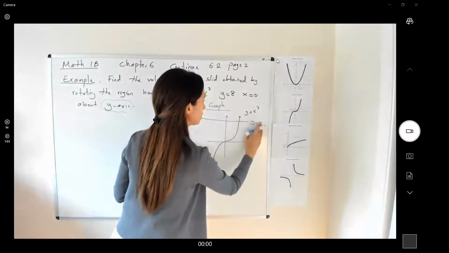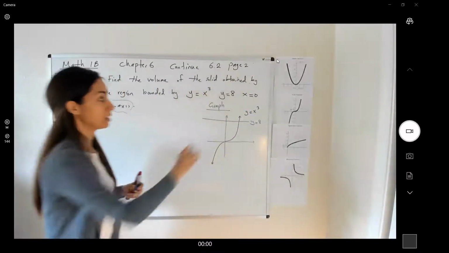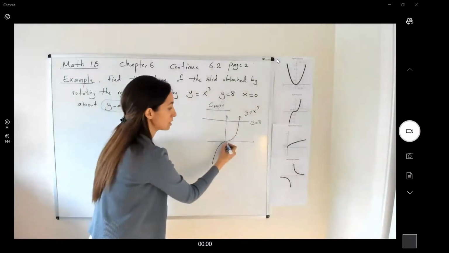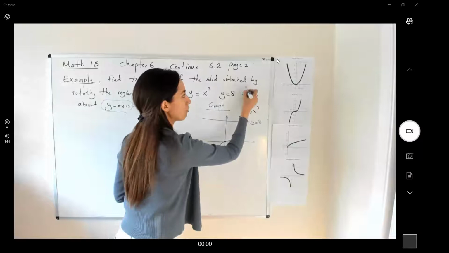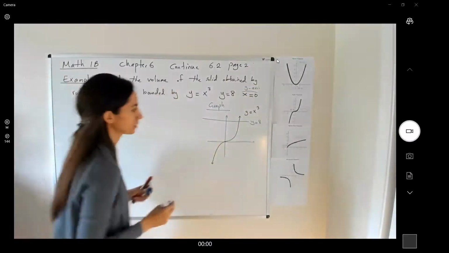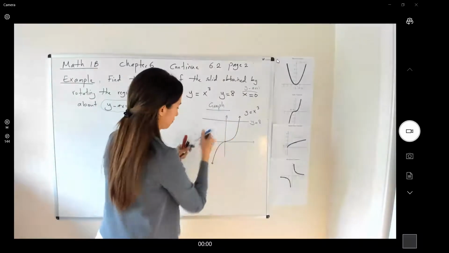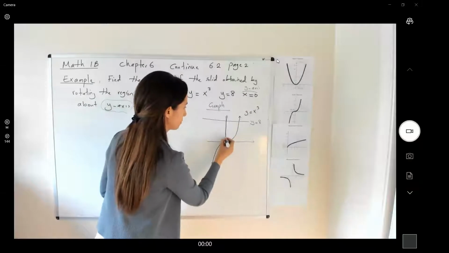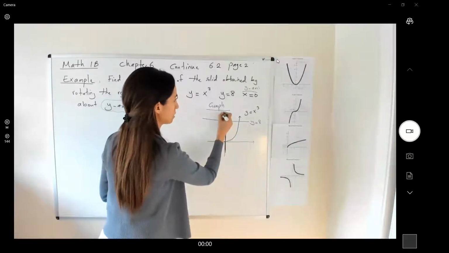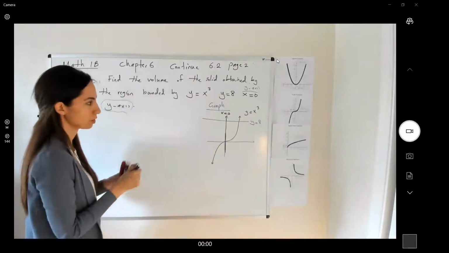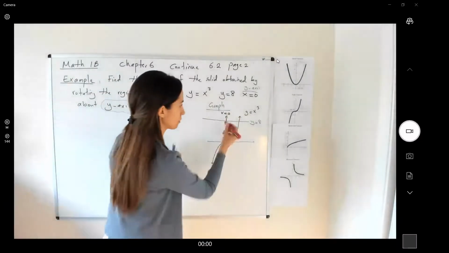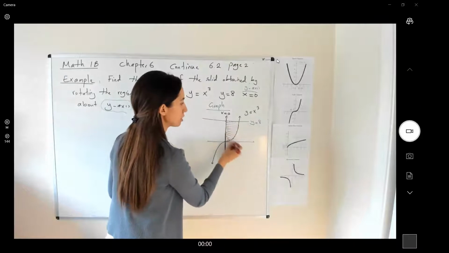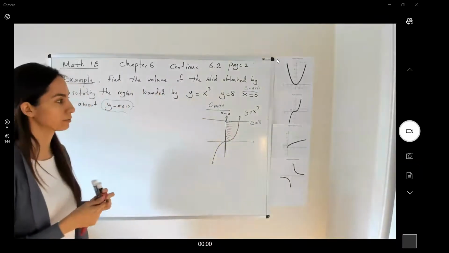And at the same time, it says it is bounded from the side by x equals 0, which is the y-axis. So the area is between these. This is the region, this little area that we have.